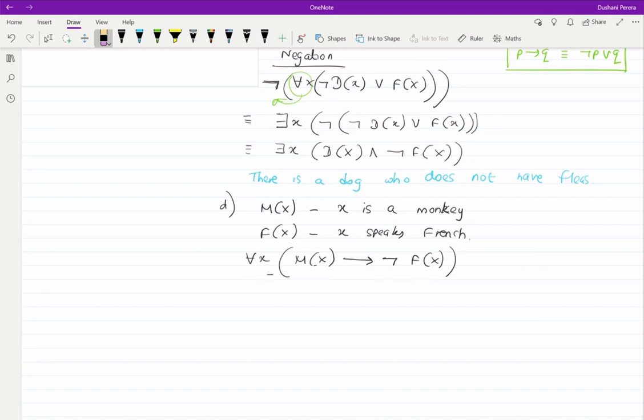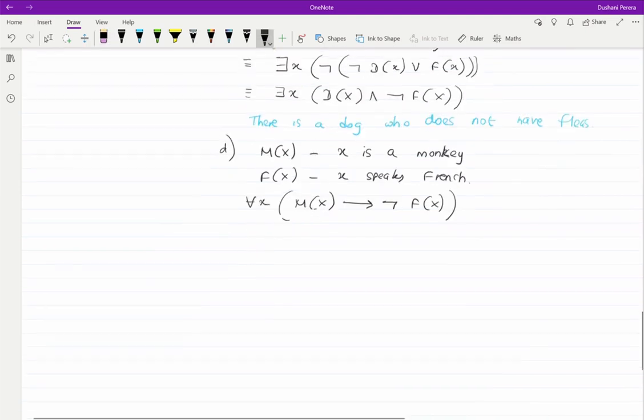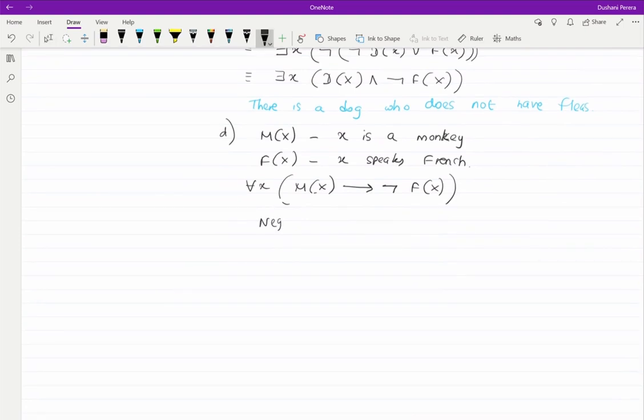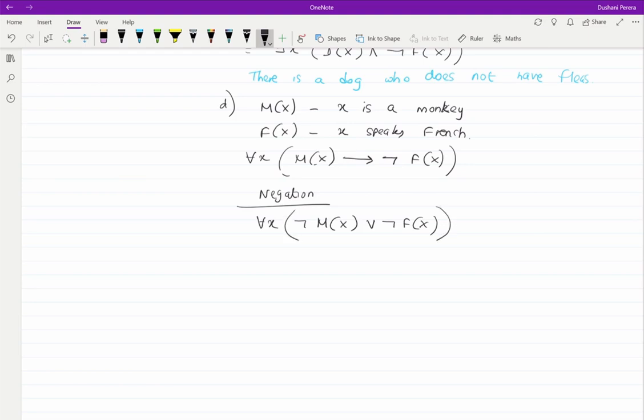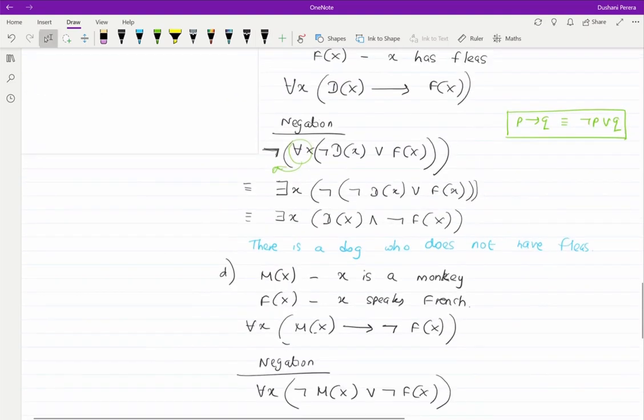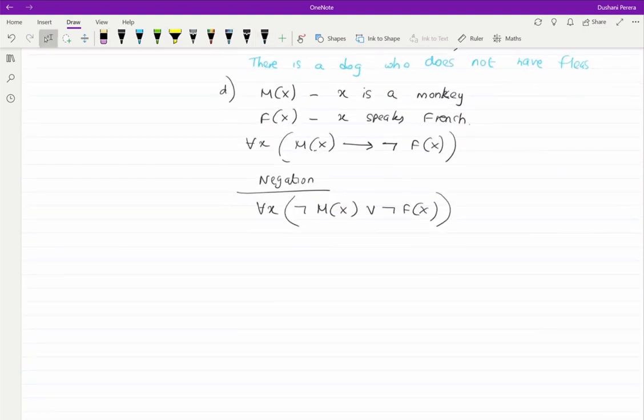Okay, now let's get the negation of this entire statement. So before we do that, again, let's convert this into the normal method that we are comfortable with. Now, let's negate it. We need to get the negation of this entire statement.